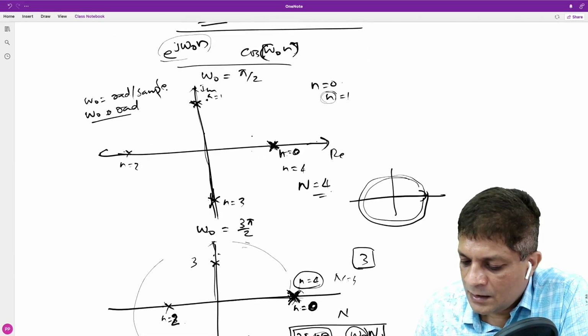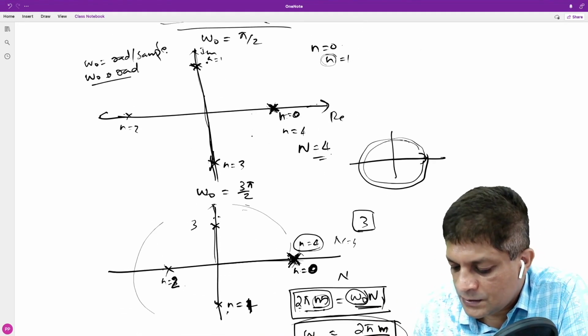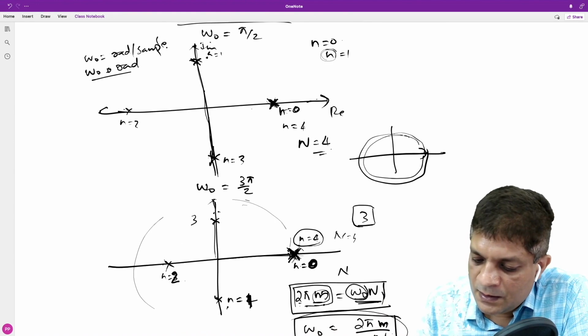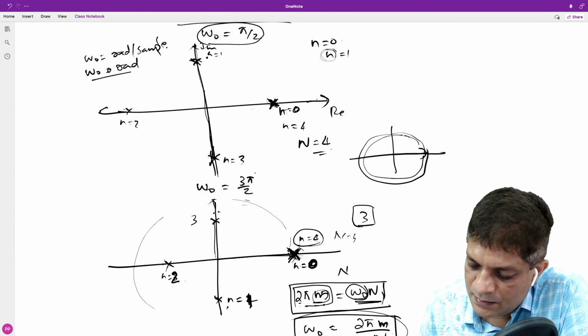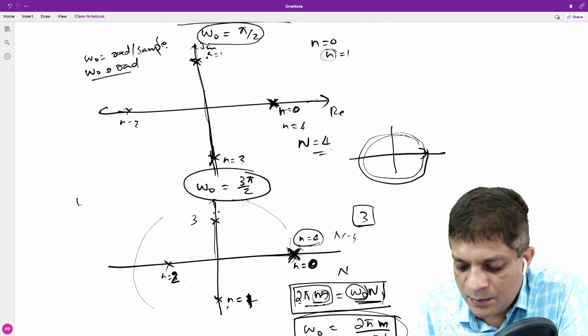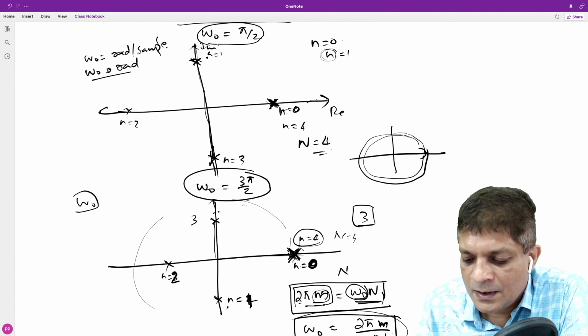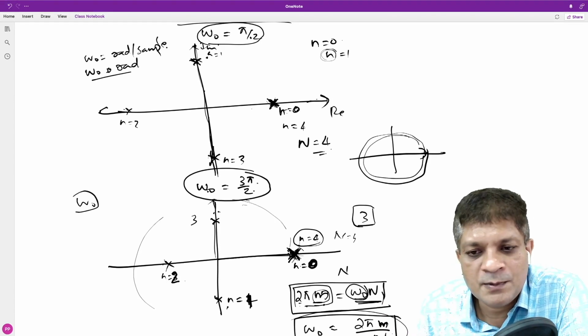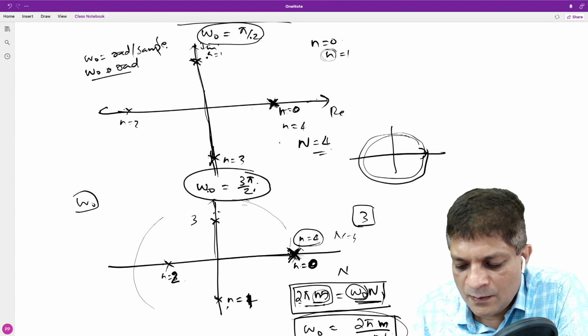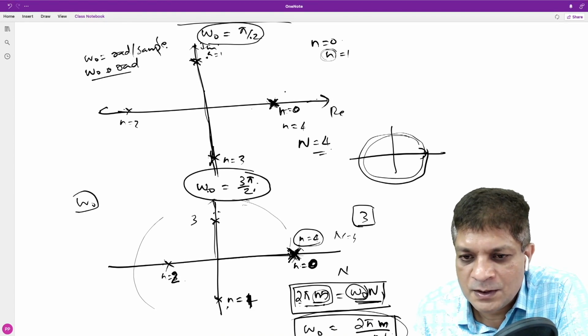And another difference is here. The value of omega naught is different, isn't it? Here it is pi by 2, 3 pi by 2. But what is the fundamental period of the signal?